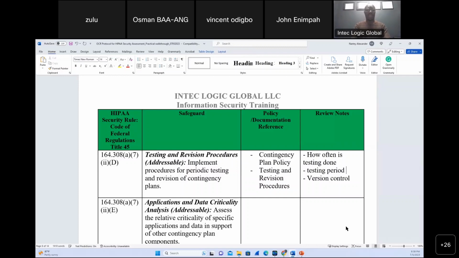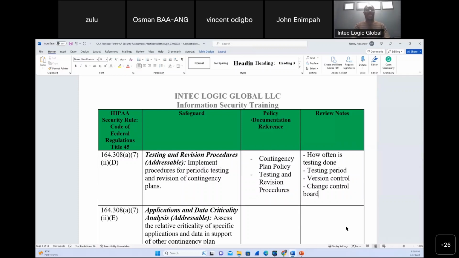So this is where it has to go through change control, the change control board.